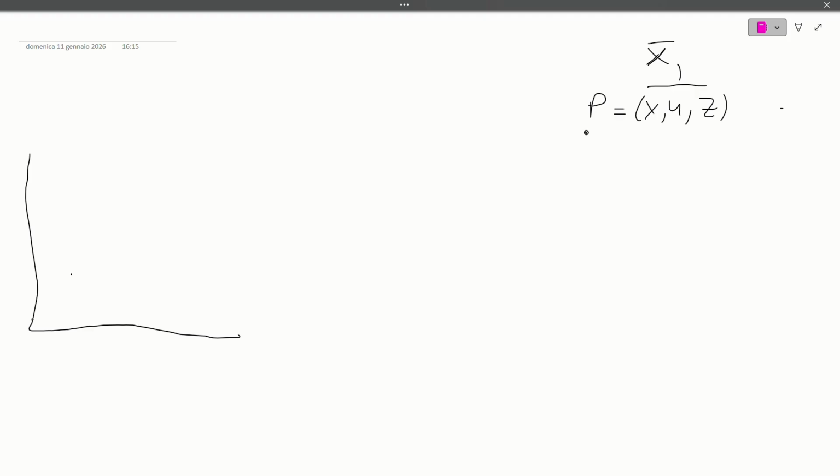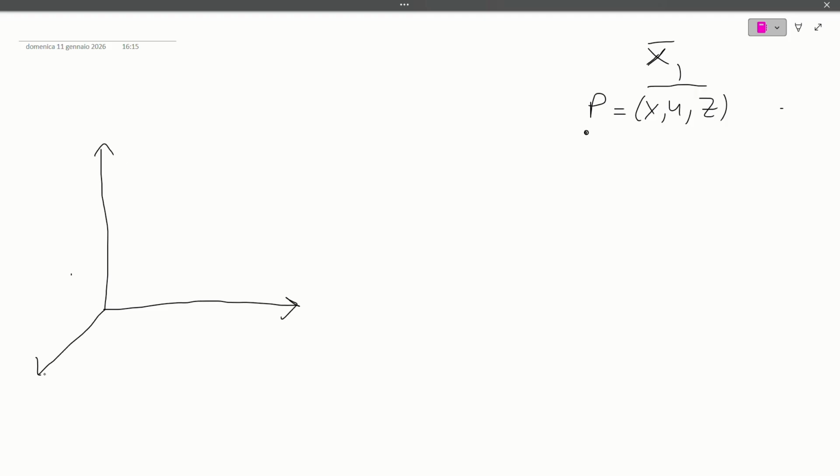Now we can suppose that here we have the camera coordinate system. Let me draw it better. Okay, this is the camera coordinate system. We have the x-axis, z and y.